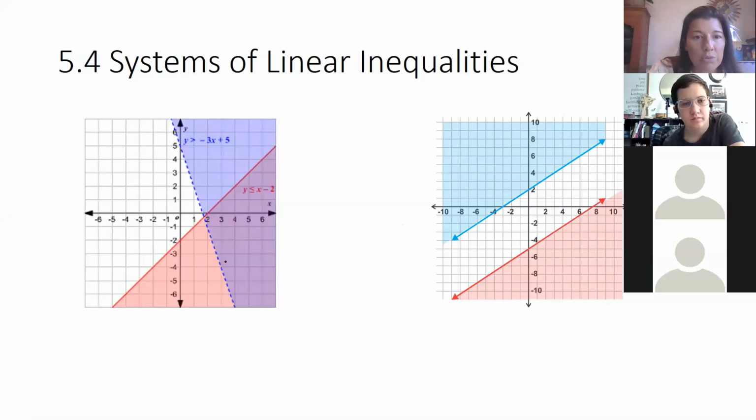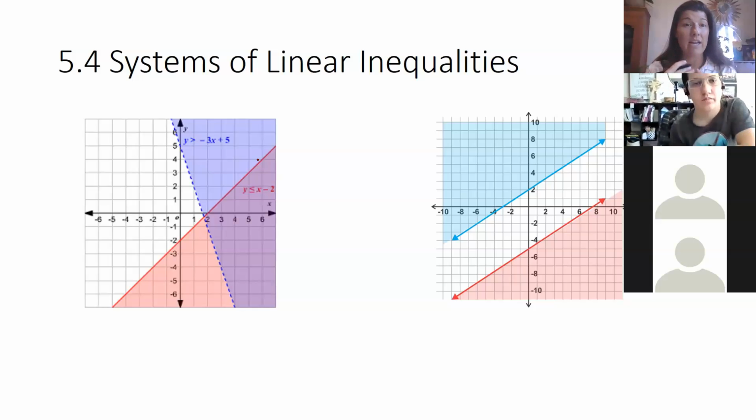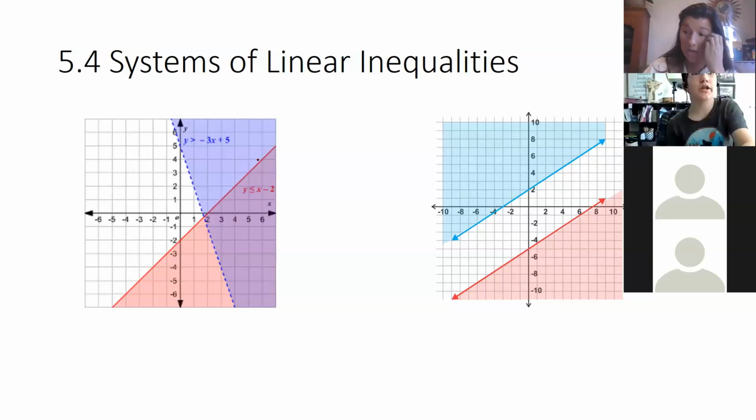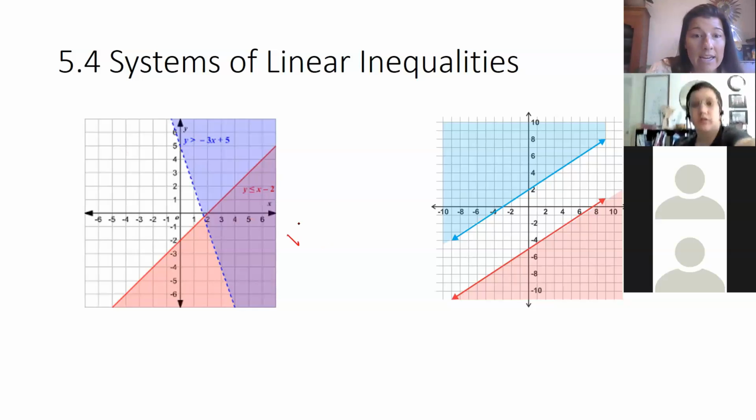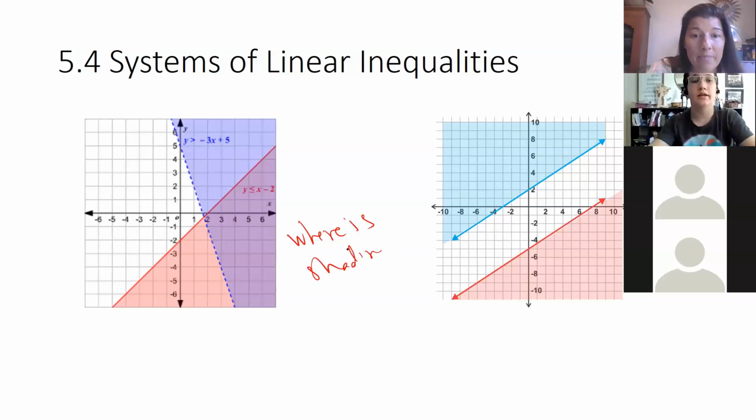We've got our blue, which is representing all the solutions to our blue line. We've got all the red shading, which is representing all the solutions to the red line. The purple represents the solutions to both of those. And that's what we're looking for here when you're given a system of linear inequalities. So where is the shading overlapped? That is your solution set.